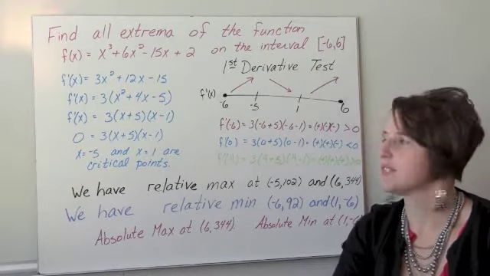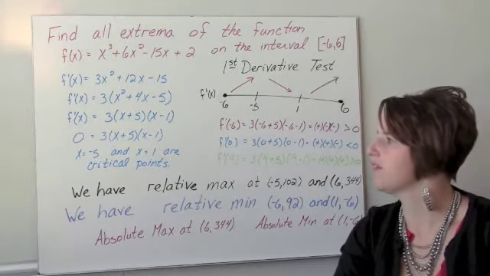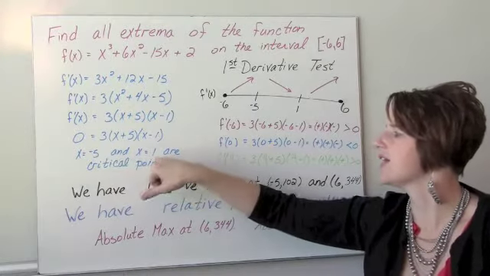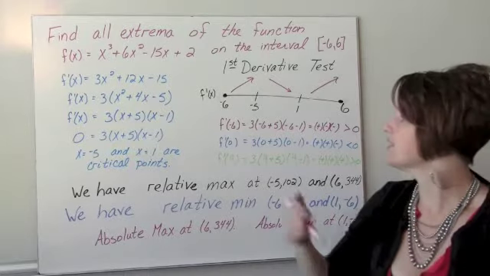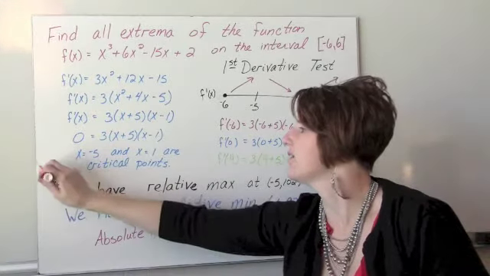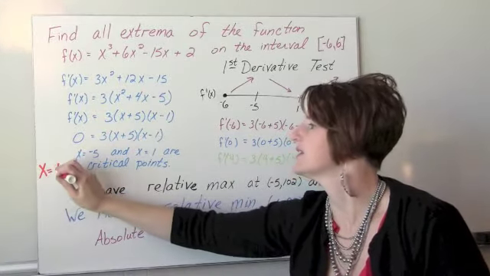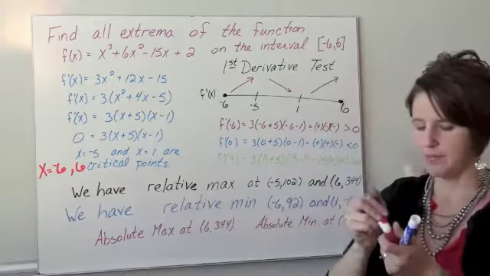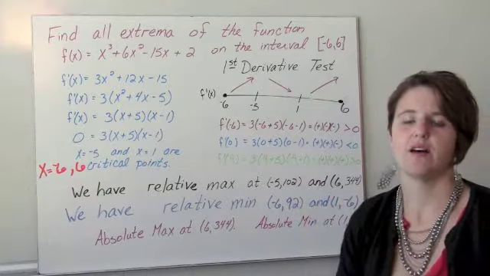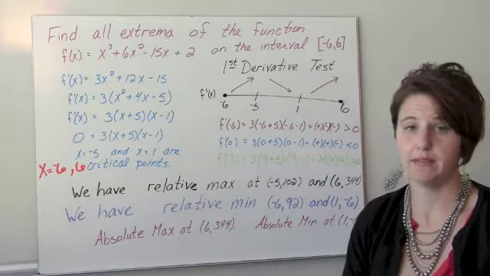I set that equal to 0, and we find that the derivative is 0 at negative 5 and 1, and so those are critical points. We also have critical points of x equals negative 6 and x equals 6 because those are the endpoints of our domain.